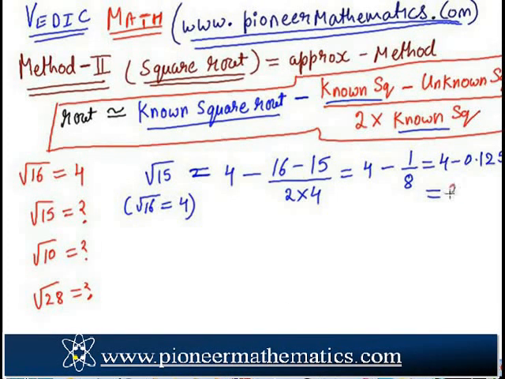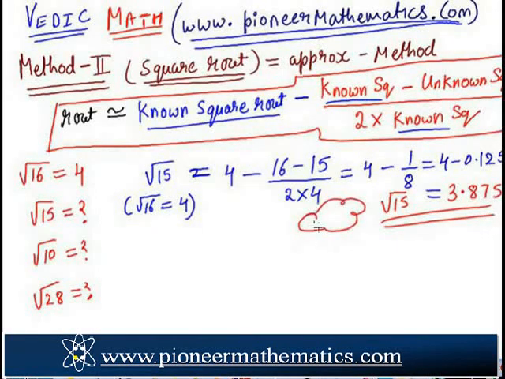The subtraction comes out to be 3.875. So the square root of 15 is 3.875. And if we find this using a calculator, it comes out to be 3.8729. Now the approximation up to 2 digits is the same. So it's a very good method.